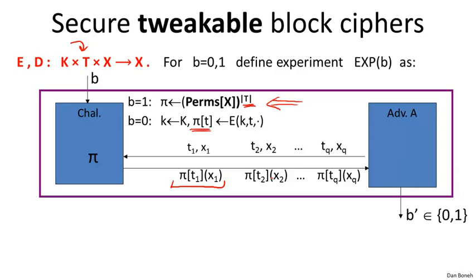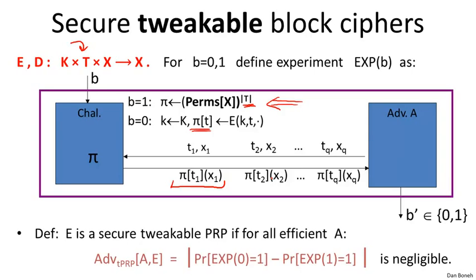The difference from a regular block cipher is that in a regular block cipher you only get to interact with one permutation, and your goal is to tell whether it is a pseudo-random permutation or a truly random permutation. Here you get to interact with T random permutations, and again your goal is to tell whether the T permutations are truly random or pseudo-random. As usual, if the adversary behaves the same in both experiments, we say that this PRP is a secure tweakable PRP.